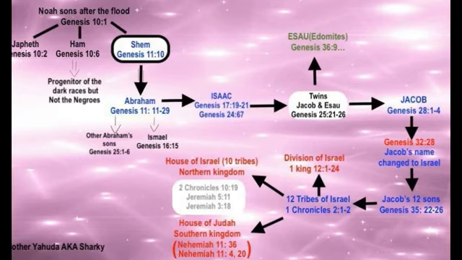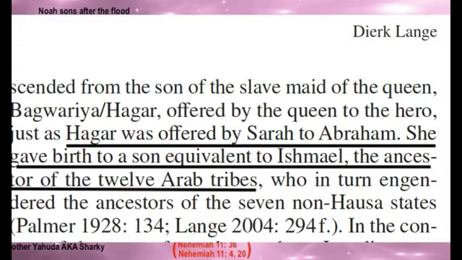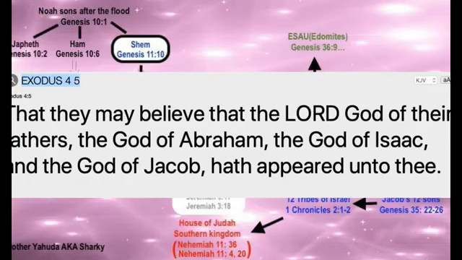And what I want you to understand about the diagram is the promise was only given to Abraham, Isaac, and Jacob, who came through the loin of Shem. And even though Abraham had other sons, other children outside of Isaac, including Ishmael, who is the forefather of the Arabs, the promise was only given to Abraham, Isaac, and Jacob.